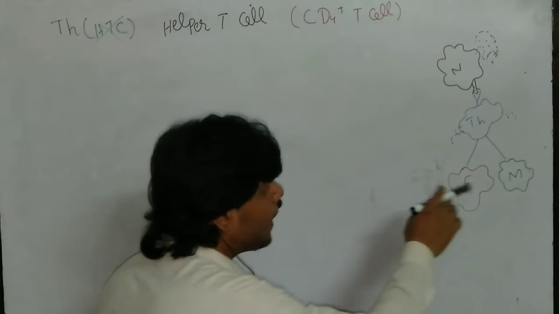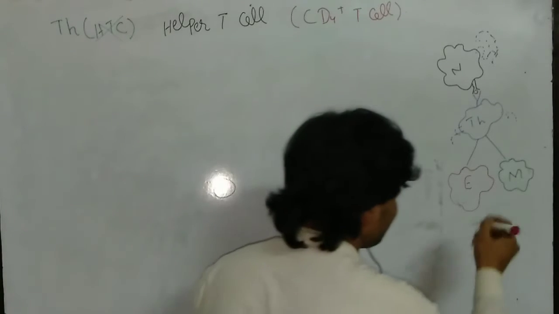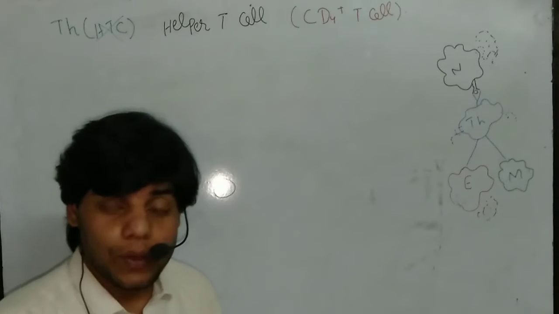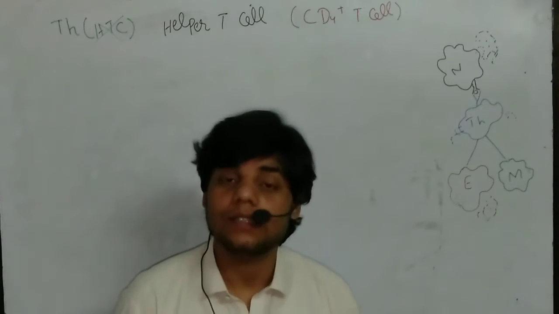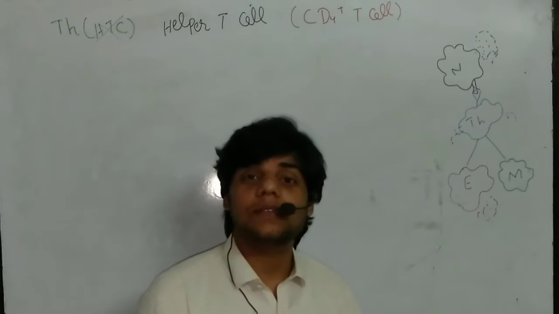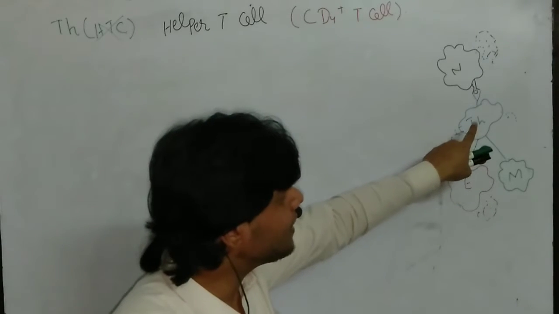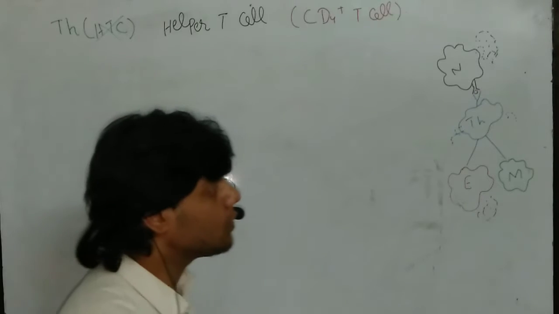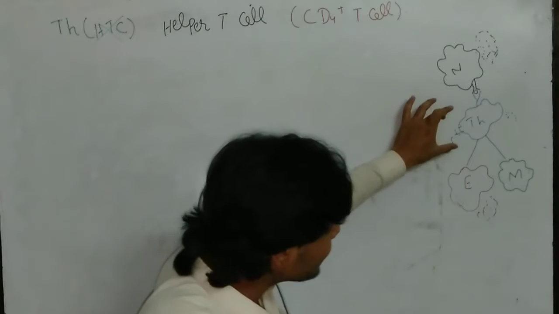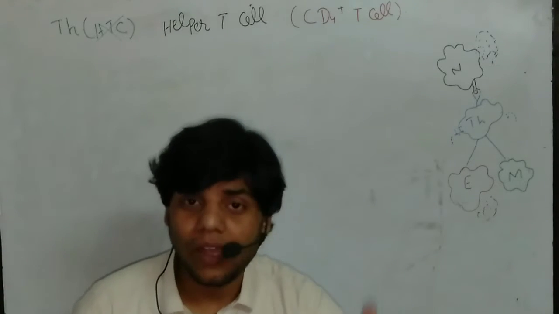But the next cell is actually the effector T cell. These effector T cells, as the name suggests, will secrete different kinds of cytokines that will affect the cells. They will activate macrophages sometimes. This is actually the immature helper T cell, or naive helper T cell, we can say.